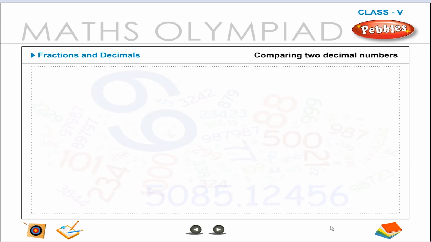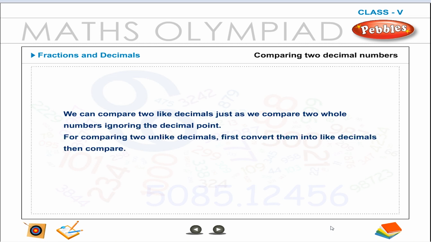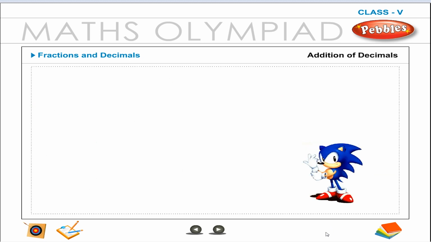Comparing two decimal numbers. We can compare two like decimals just as we compare two whole numbers, ignoring the decimal point. For comparing two unlike decimals, first we convert them into like decimals and then compare. Addition of decimals.